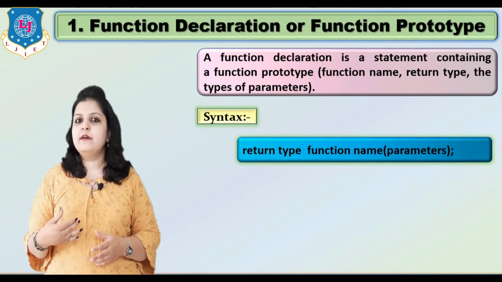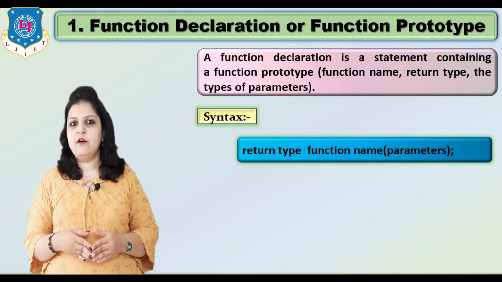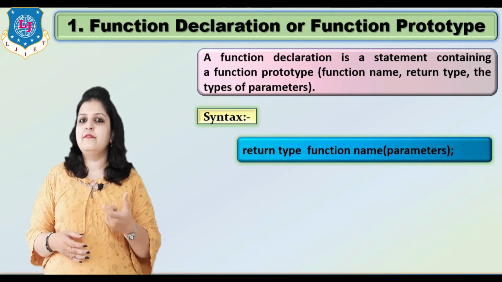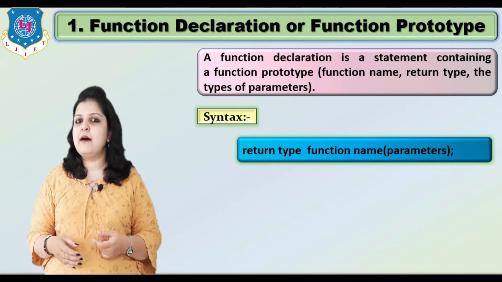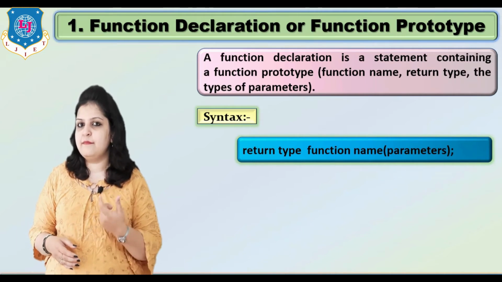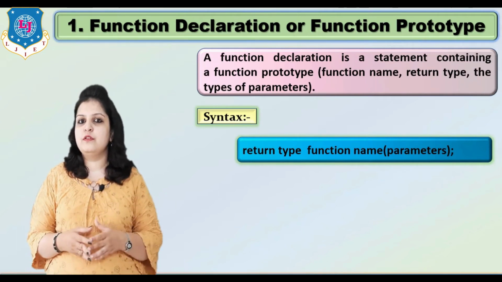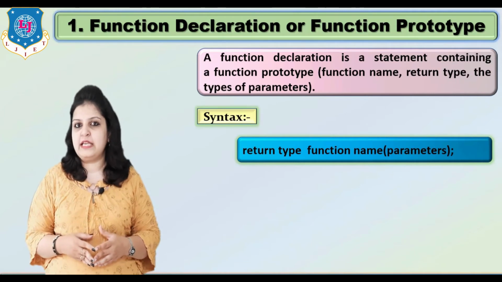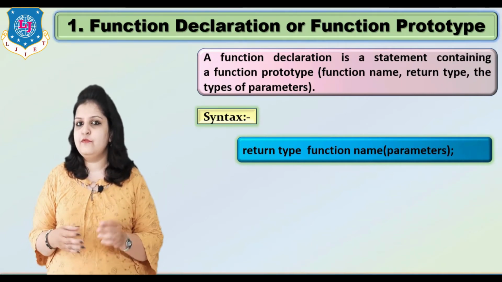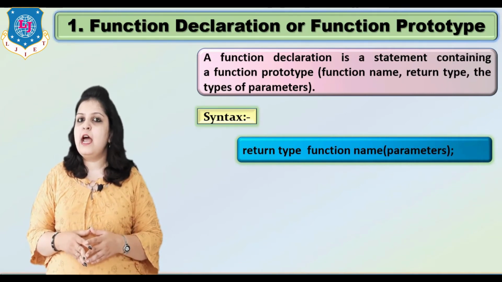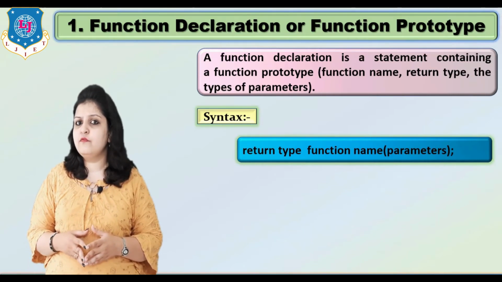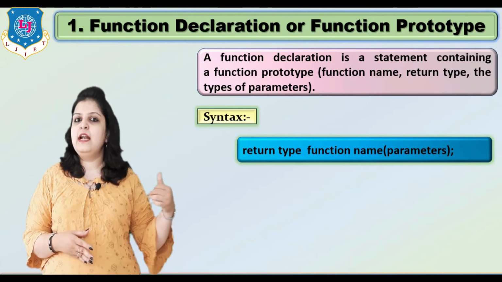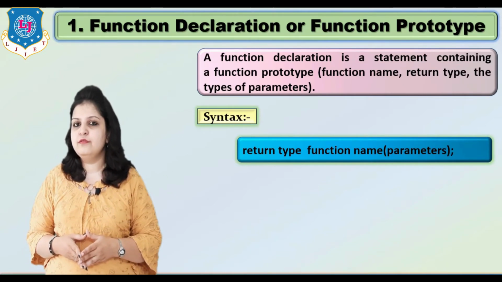If I am writing a function for swapping two numbers, then I can write the function name as swap. If I am doing the sum of two numbers, then I write the function name as sum. So you can choose the function name as per your choice. And in small brackets we can write the parameters, and it is an optional part. Without parameters also we can write our function, and then at last we have to put a semicolon.